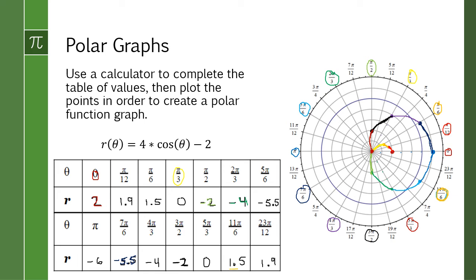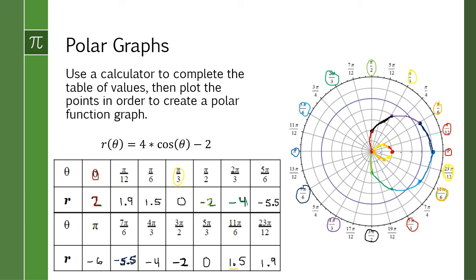So I'm going to go 1.5 units towards 11 pi over 6, connect that to my previous dot, and then my final point here to graph is 23 pi over 12, this last ray here before we get back to 0, and that has a radius of 1.9. So I'm going to go not quite to the 2, but 1.9 units towards that angle.